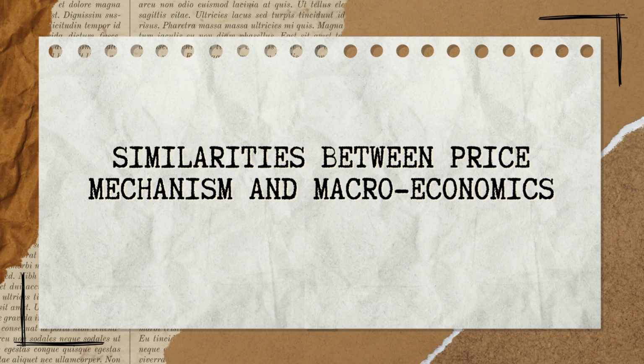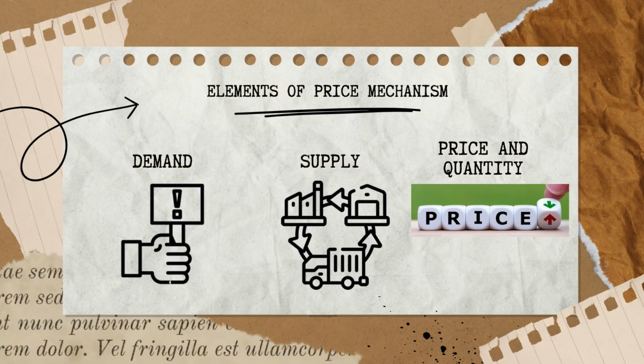So you guys should be very familiar with price mechanism. I'm going to draw some similarities and differences between macroeconomics and price mechanism so that you could easily understand what macroeconomics is, and in particular you would really understand the concept of aggregate demand and how aggregate demand works. So without further ado, let's move on.